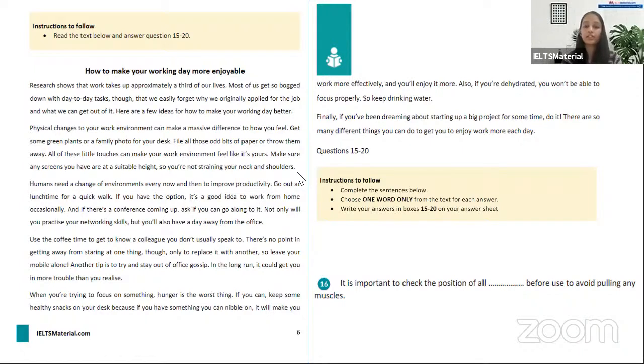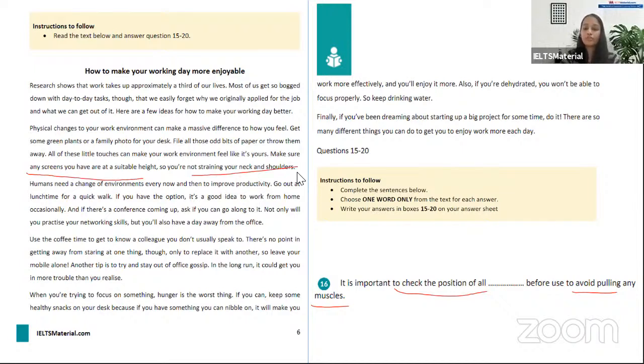So let's see what our keywords are. Check the position of all. There's something that we have to check, and avoid pulling any muscles. Now let's read the part next to it, our previous answer. So make sure any screens you have are at suitable height. You're not straining your necks and shoulders.